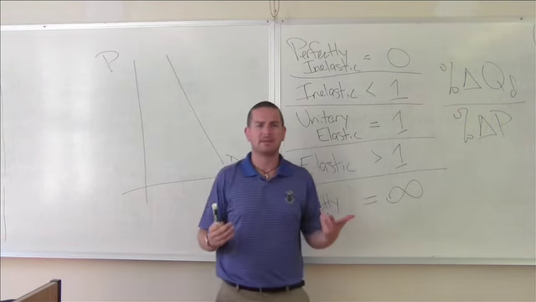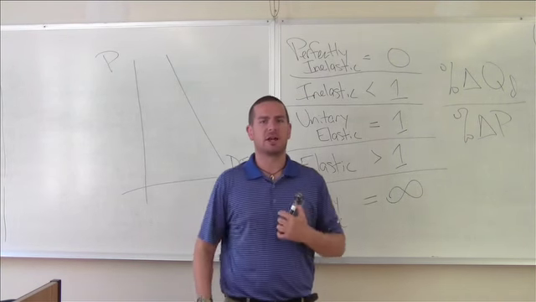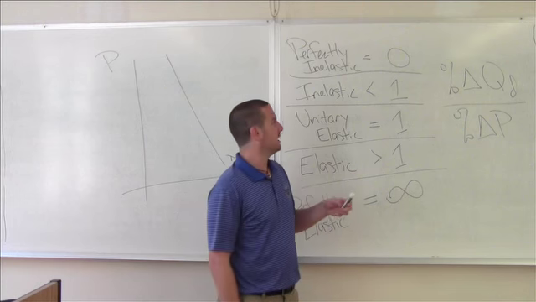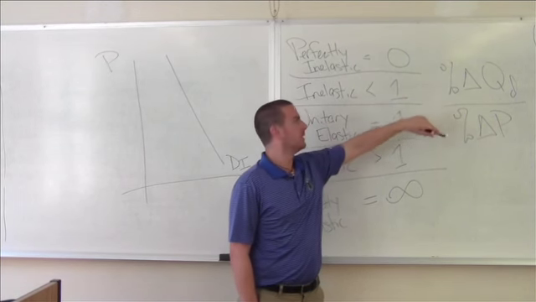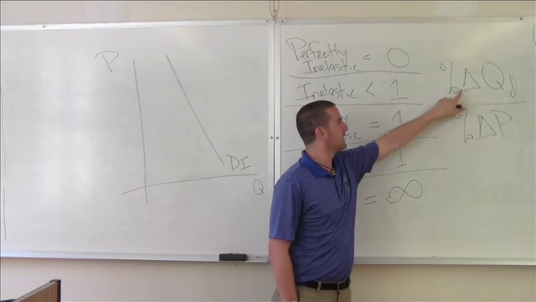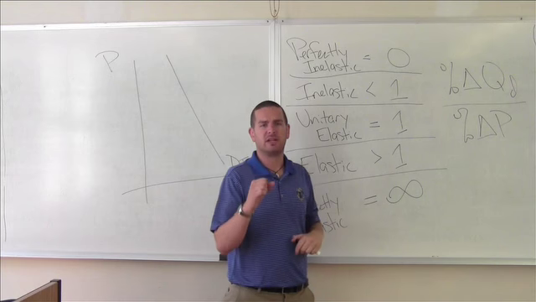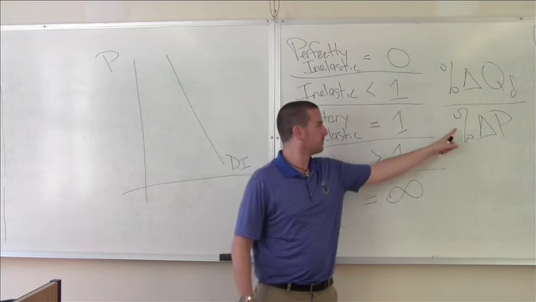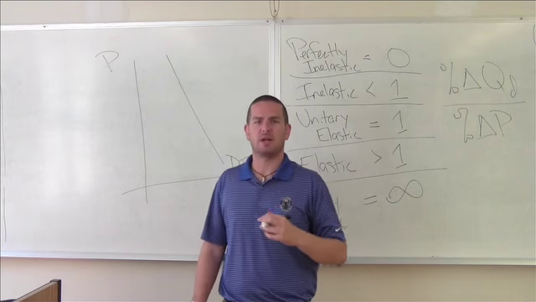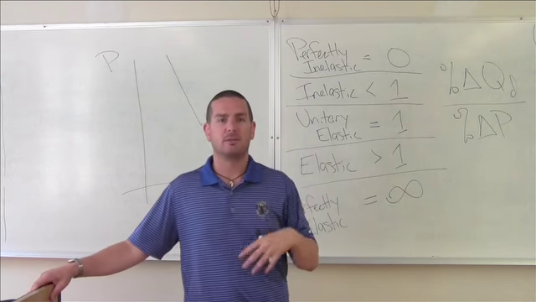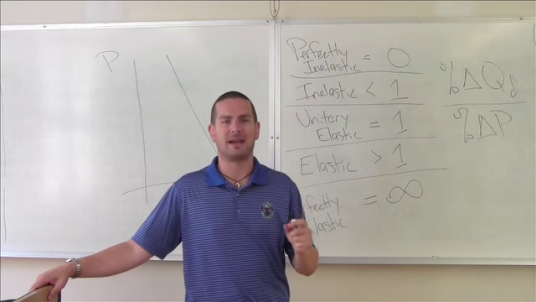Well, what happens? You sort of had to do a theoretical exercise. What happens if you run this formula? Let's say the percent change of quantity demanded was none, but the price changed 10%. So gas prices went down 10%, but the quantity demanded did not change at all. It was exactly the same.